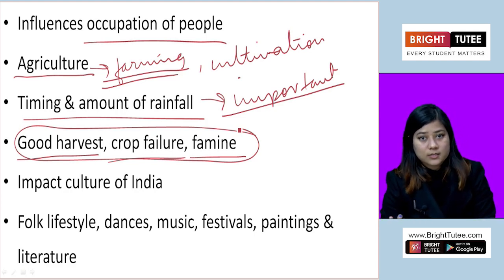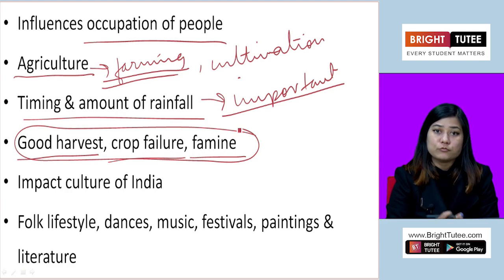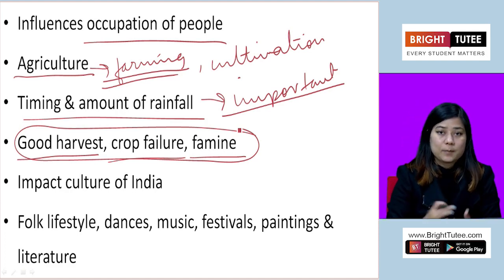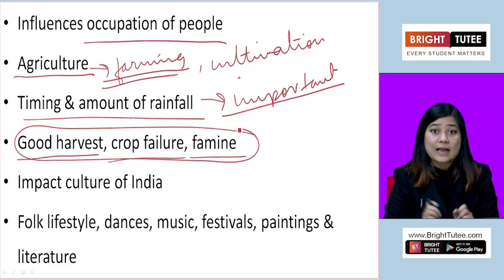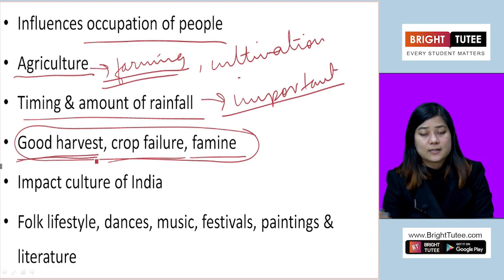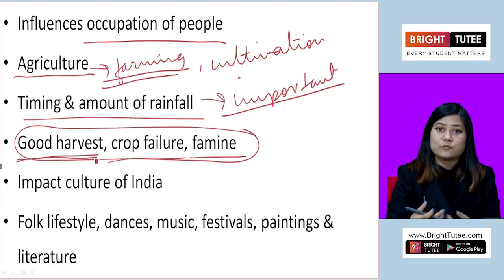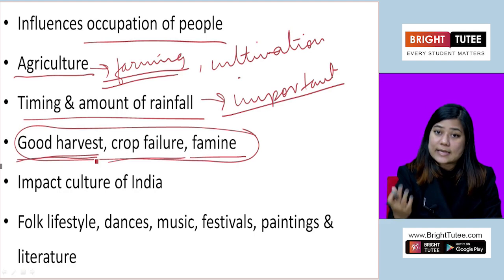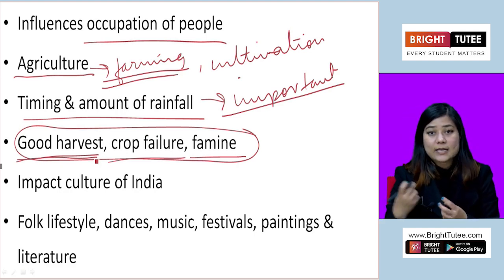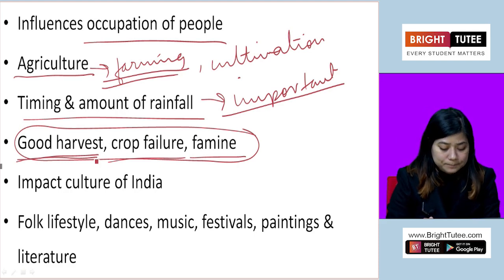Sometimes famine occurs, and then people don't have food to eat or to sell. But if the rainfall is enough and on time, then they have a good harvest. Then people can eat, people have surplus food to sell, and they get money. So all those are affected and influenced by the climate.